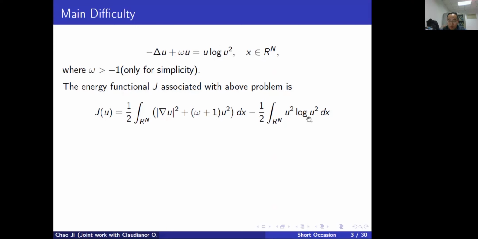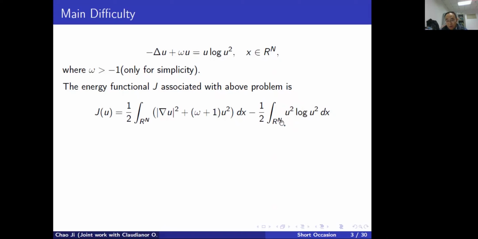Because the derivative of this function has two terms, so we should add 1 here. Let's see this function again.